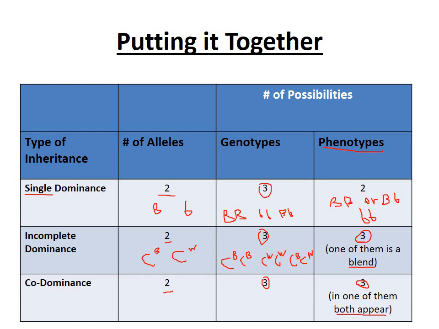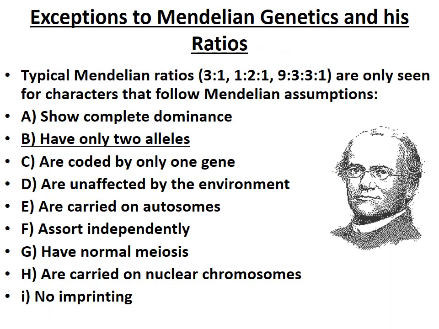And the new phenotype really is in that individual that's the heterozygous individual, so the CB, CW. So that was when things don't show complete dominance, we might have different ratios. Rather than 3:1, we see our 1:1 phenotypic ratio.